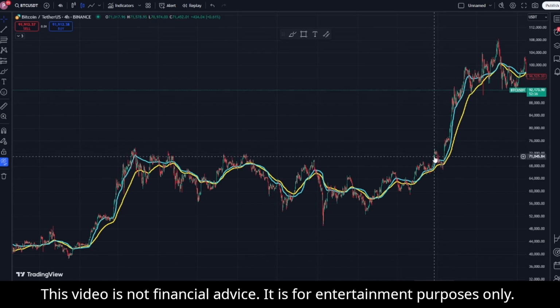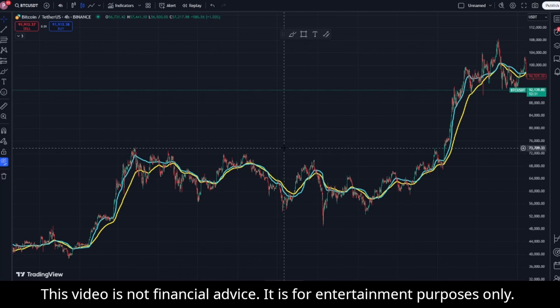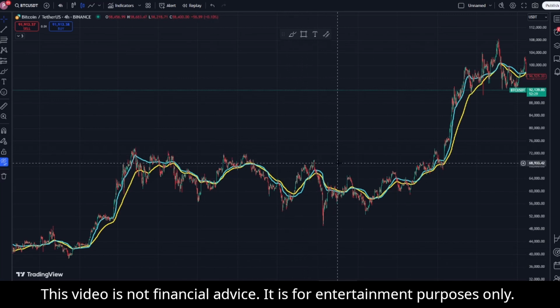That way we could try to avoid the sideways market, which was very long for Bitcoin here in 2024, for example, and try to enter the trades when the trend really starts. Of course, it's easier said than done. That's why I'm going to explore this strategy, I think tomorrow or so.